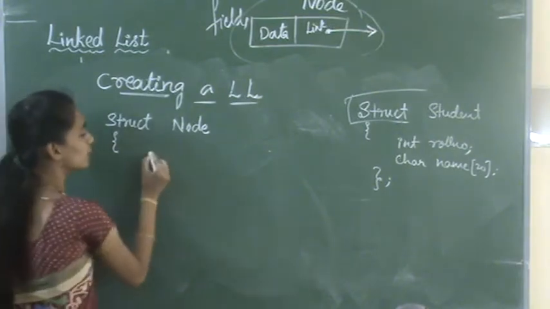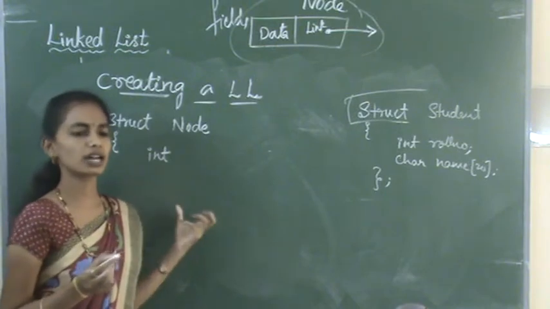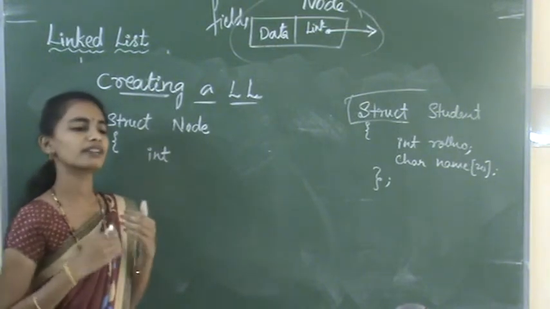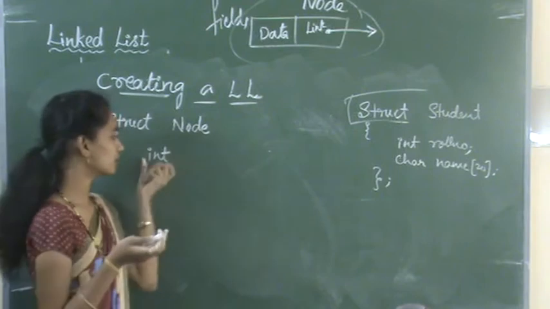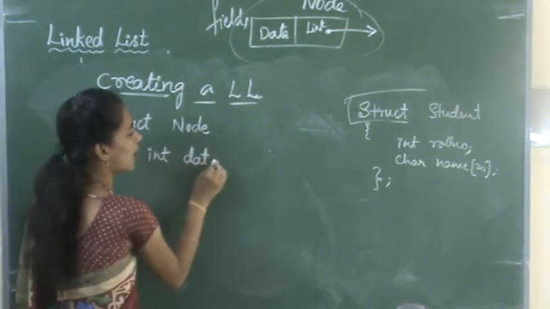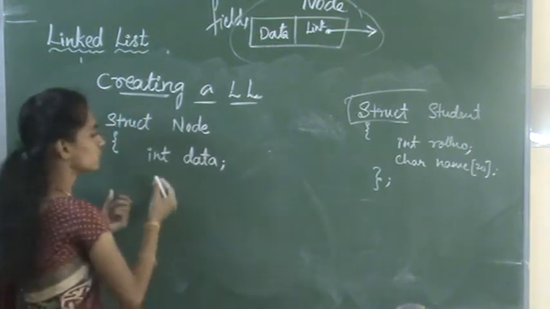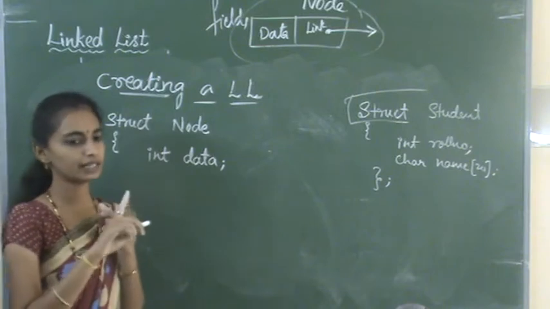The data field may be your wish, either a character or int. Whatever data you provide, that data type should be present here. I gave int, so I have to give integer values for the data.